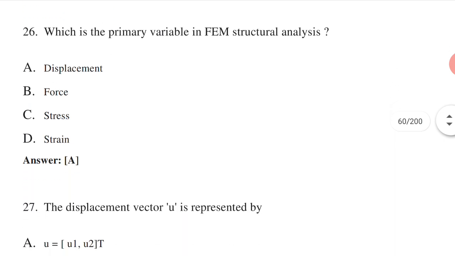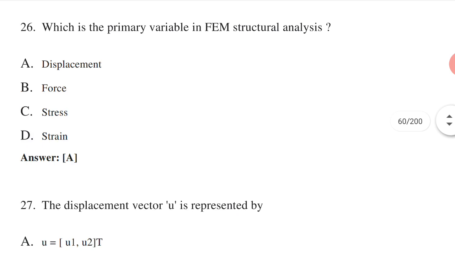Next question, which is the primary variable in FEM structural analysis? So we always find the displacement at the end, so the primary variable is displacement in our FEM structural analysis, because we find displacement at the end of the structural analysis, that is u.